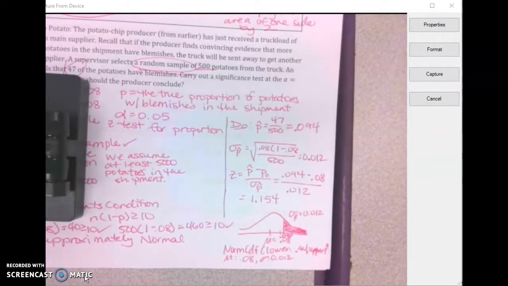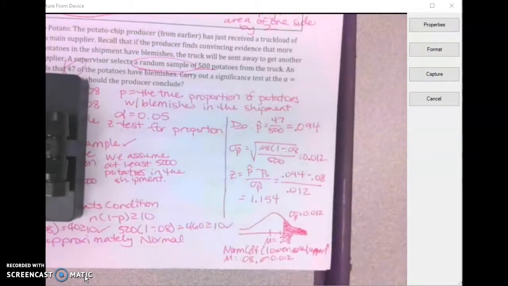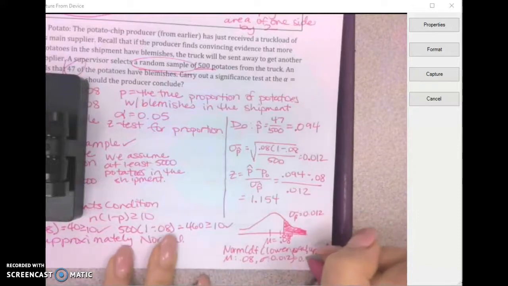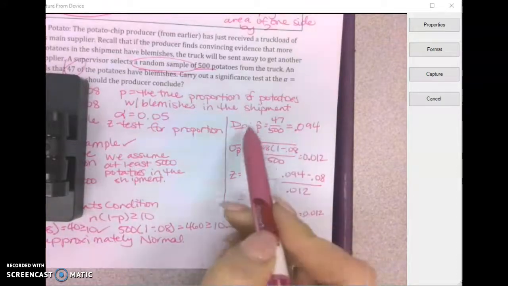We will find that the probability, our p-value, is going to be equal to 0.122. Okay, so now we have done it.